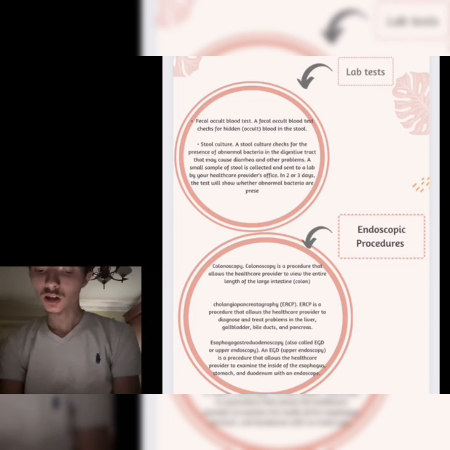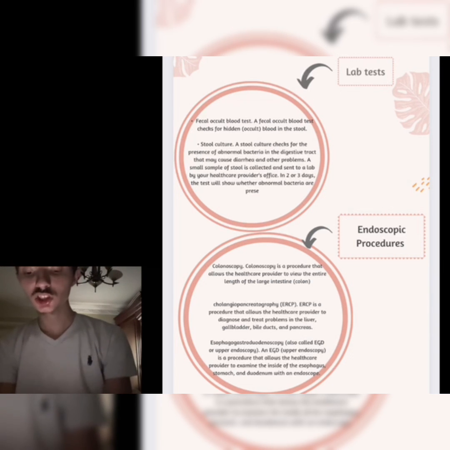ERCP is a procedure that allows the healthcare provider to diagnose and treat problems in the liver, gallbladder, bile ducts, and pancreas. Then we have EGD or upper endoscopy. An EGD is a procedure that allows the healthcare provider to examine the inside of the esophagus, stomach, and duodenum with an endoscope.